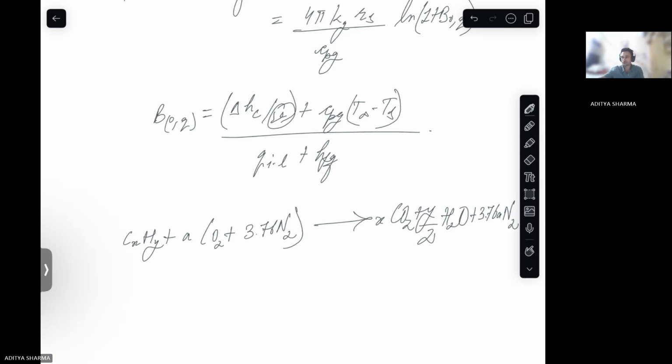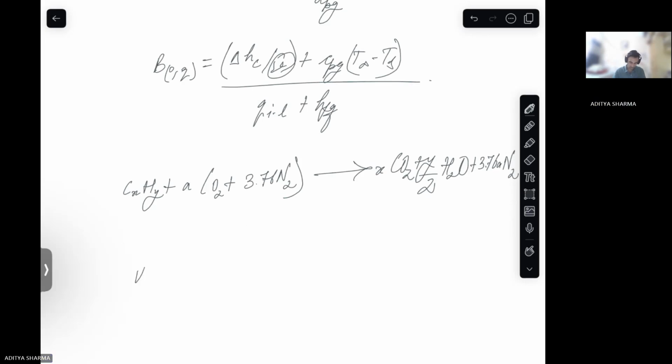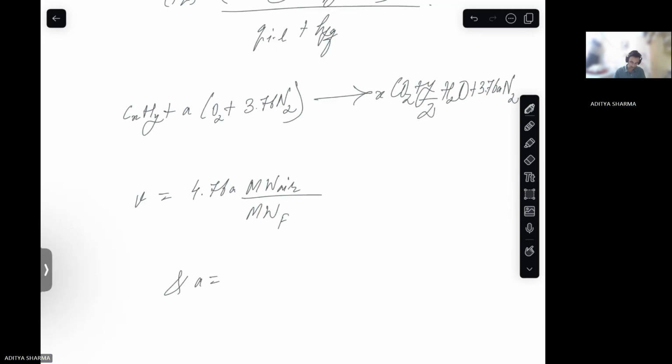Now the air fuel ratio is 4.76 A times the molecular weight of air divided by the molecular weight of fuel, and A is x plus y by 4, which equals 6 plus 14 by 4, equals 9.5.